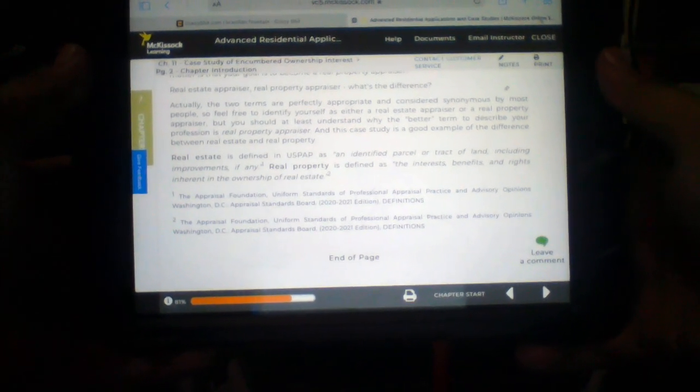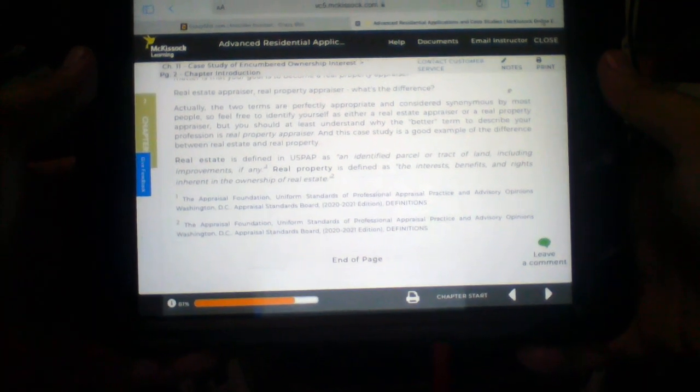What's the difference? Actually, the two terms are perfectly appropriate and are considered synonymous by most people. So feel free to identify yourself as either a real estate appraiser or a real property appraiser. But you should at least understand why the better term to describe your profession is real property appraiser.